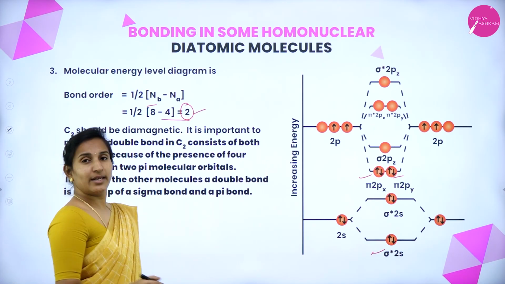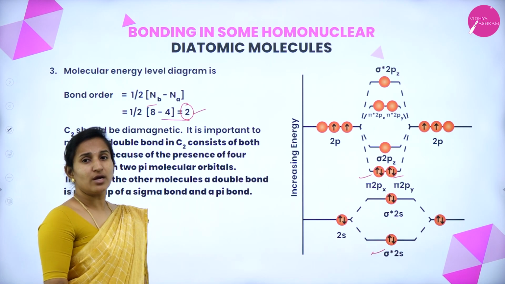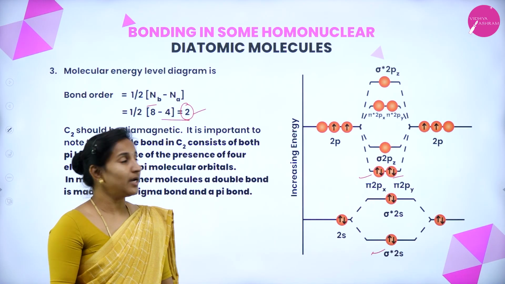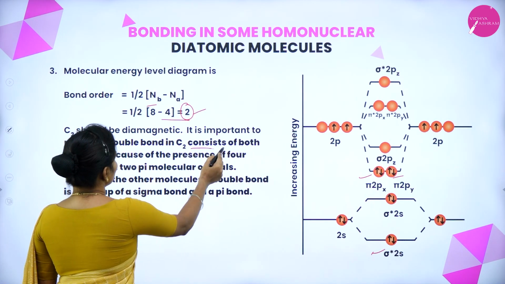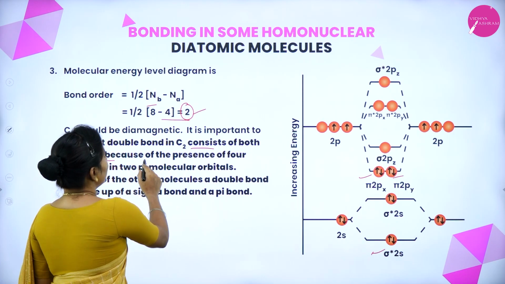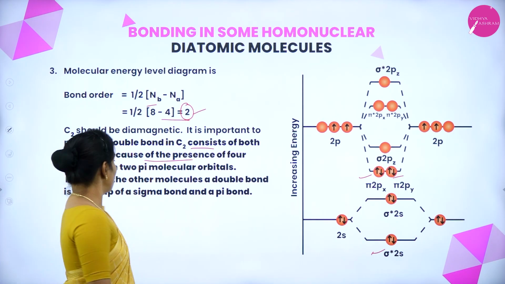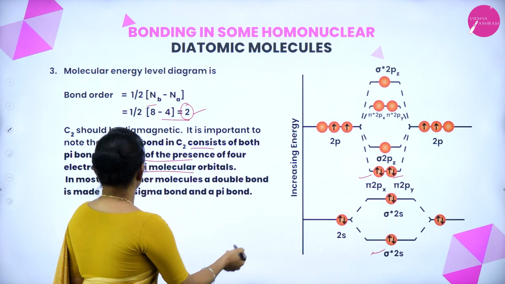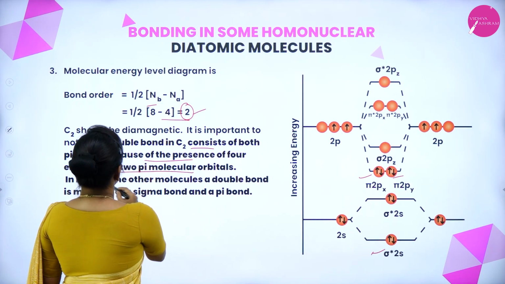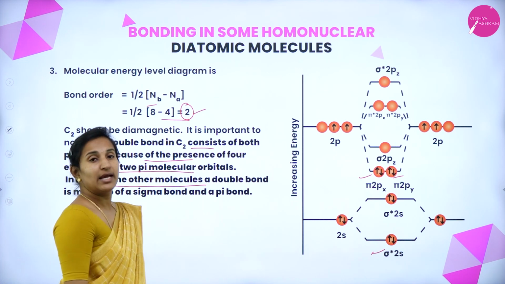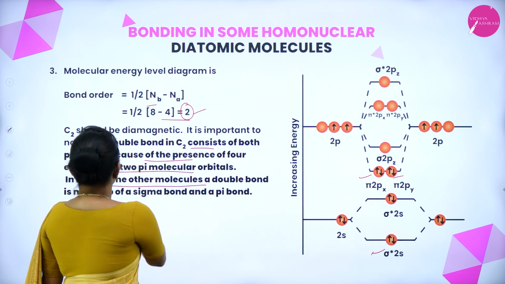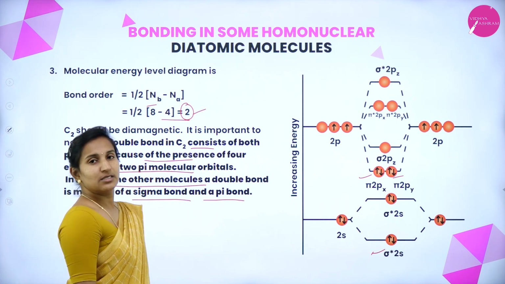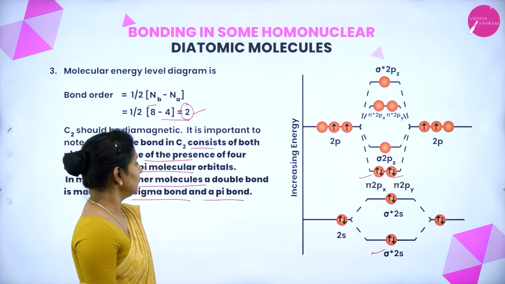C2 should be diamagnetic because of the presence of paired electrons, and C2 consists of both pi bonds because of the presence of 4 electrons in the 2 pi molecular orbitals. The molecule is double bonded, made up of a sigma bond and a pi bond.